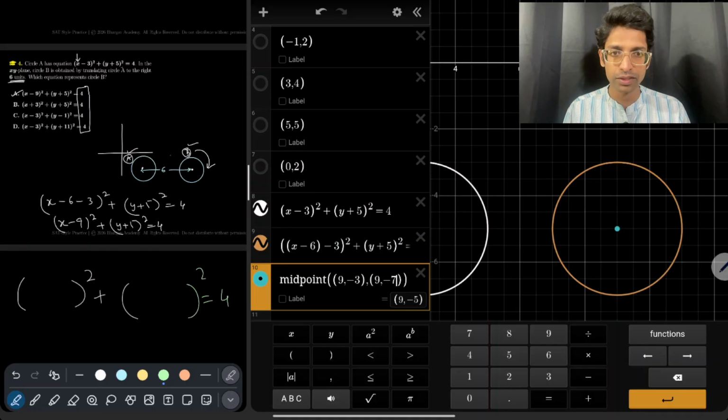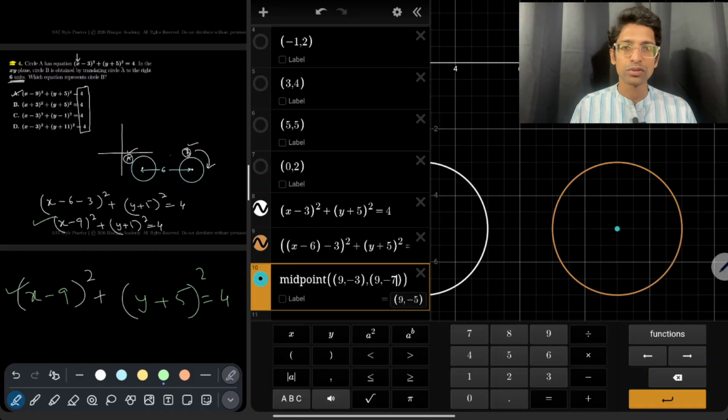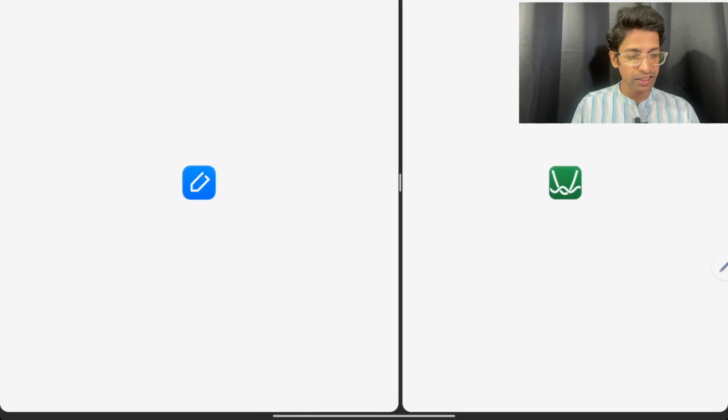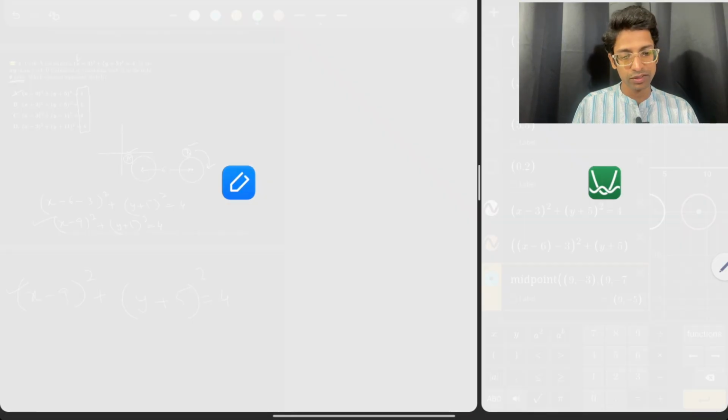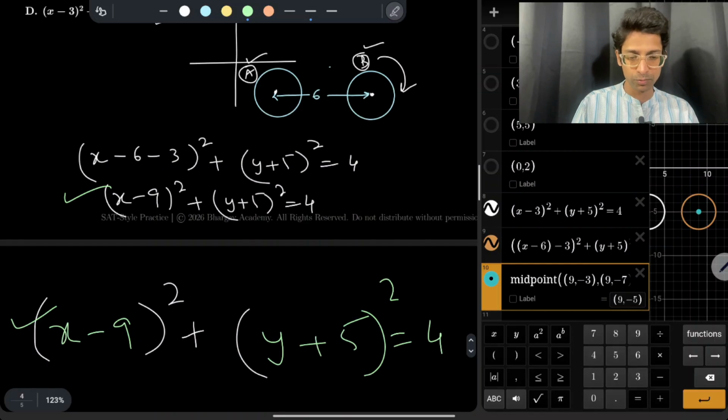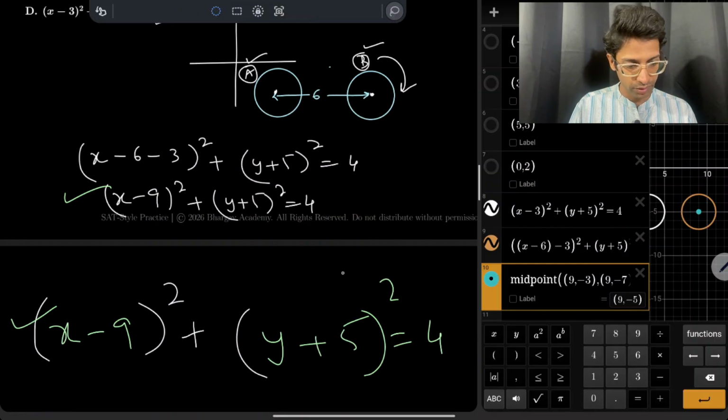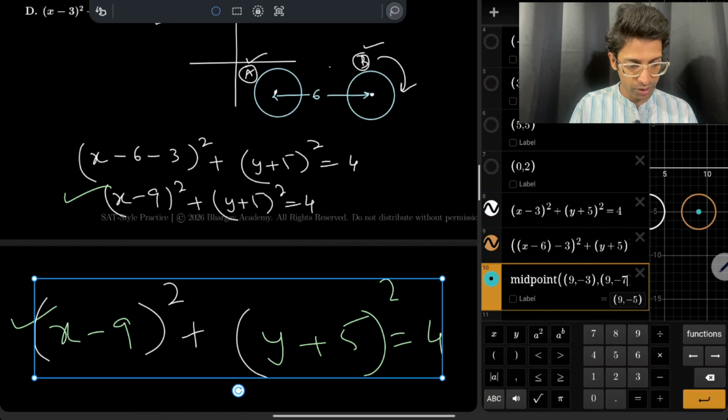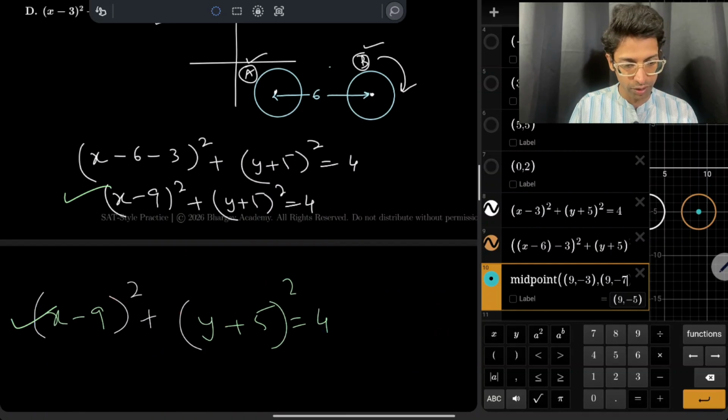4 is already there, which is the constant, you already know. So for (9, -5), x, flip the sign: x minus 9. For y also flip the sign. So this is what we have got, exactly the same thing. So I have shown you how to do it with 100% Desmos, and the algebraic way is the smartest and the fastest way to do this problem, which I have already shown you here.